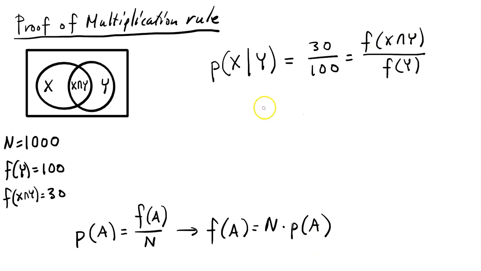So let's use that here. So we see that f of x and y, now x and y corresponds to a here. Then we just take n times the probability for this event. So you see that f of x and y is n times p of x and y, according to this here.